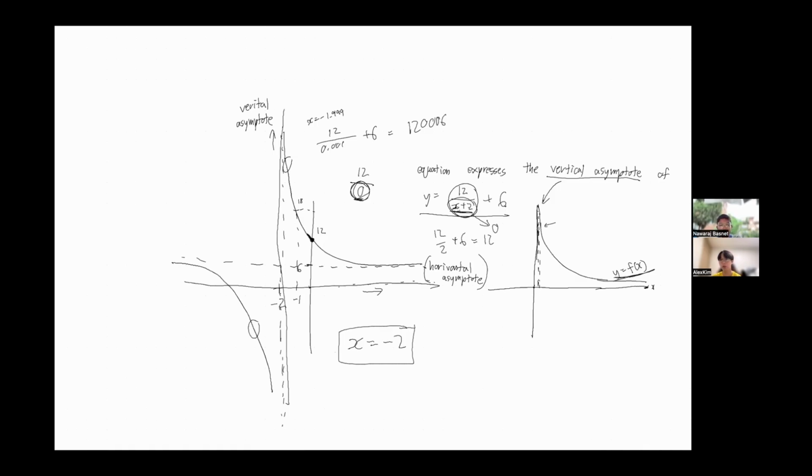Any questions? Because I know this could be very confusing. No, sir. It's clear. So, sir, we are getting x equals negative 2 because minus 2 plus 2 equals 0. So it is reaching near infinity?